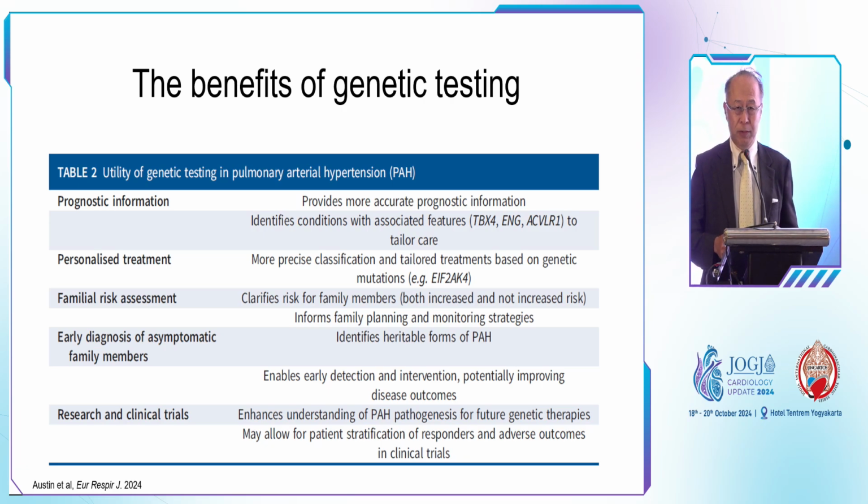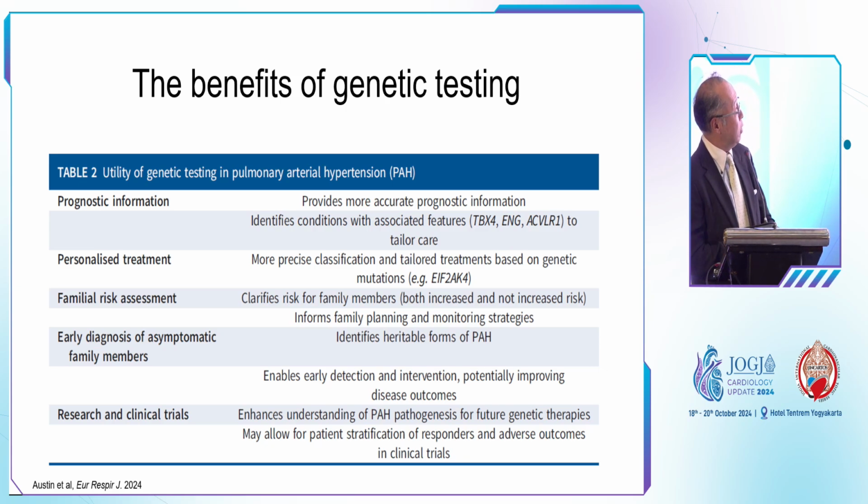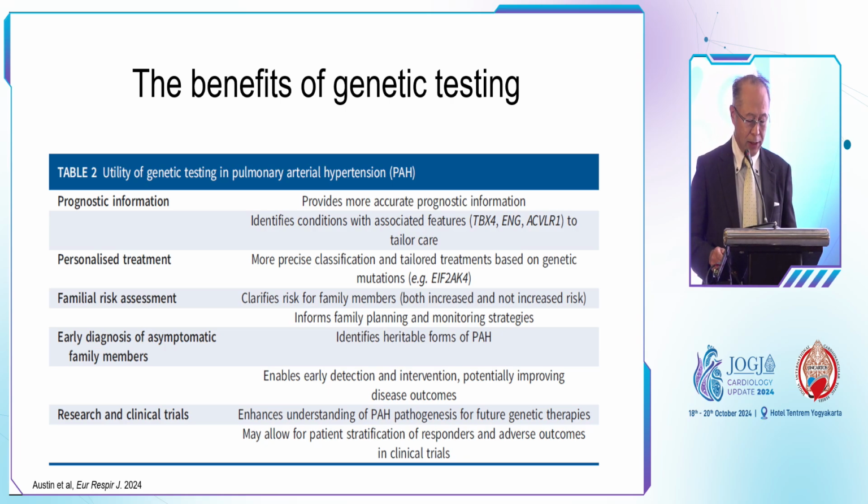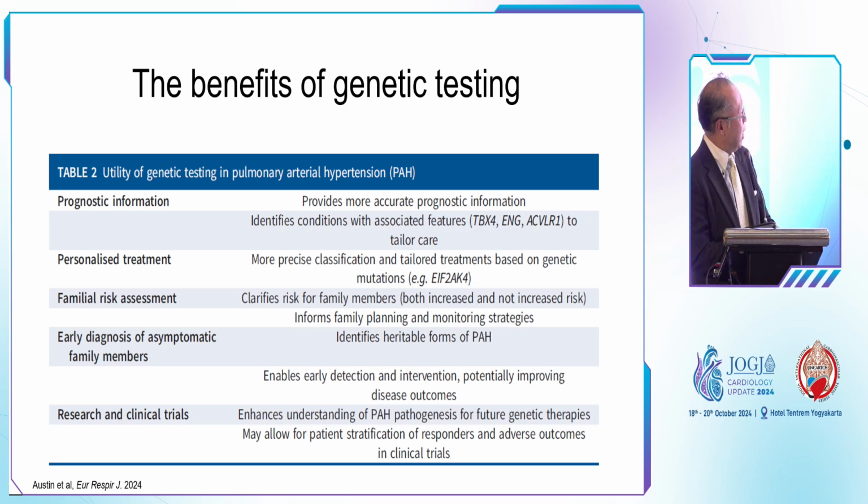But even so, genetic testing would have benefits, including prognostic information, and we could perform personalized treatment if we know whether one has a mutation or not. And familial risk assessment could be done.